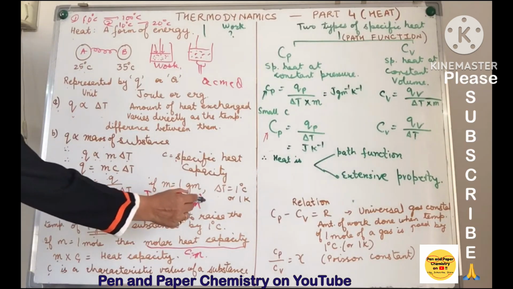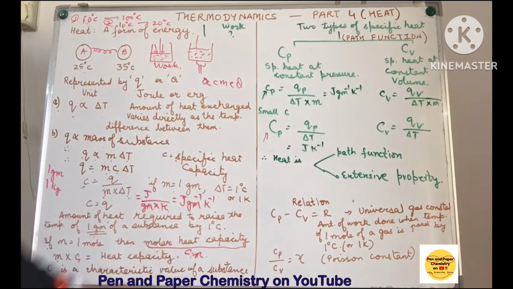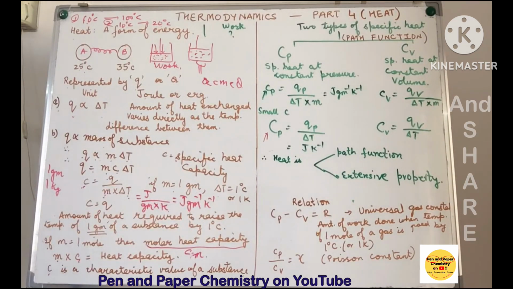So it is joule per gram per Kelvin or joule per kilogram per Kelvin, depending upon the unit that you are using. Same way, heat capacity on the other hand. Here we are not talking about per gram. So the unit for heat capacity simply becomes joule per Kelvin. How much heat is required to change the temperature of a substance by 1 degree Celsius? Simple.